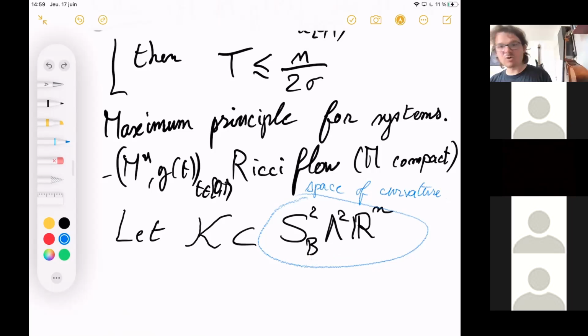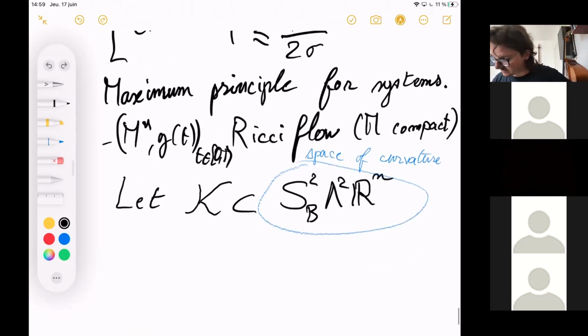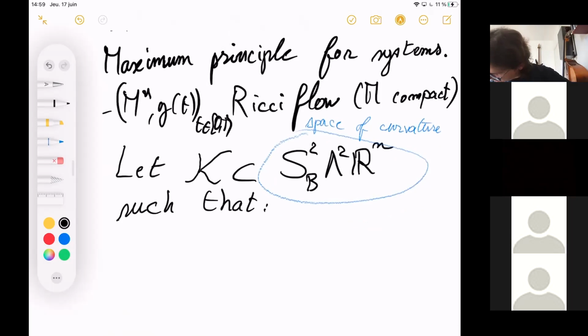So this is a 4-tensor on R^n which has the same symmetries as the curvature operator, and I take a set of 4-tensors like that, and I ask for it to verify the following condition. So K is closed and convex.